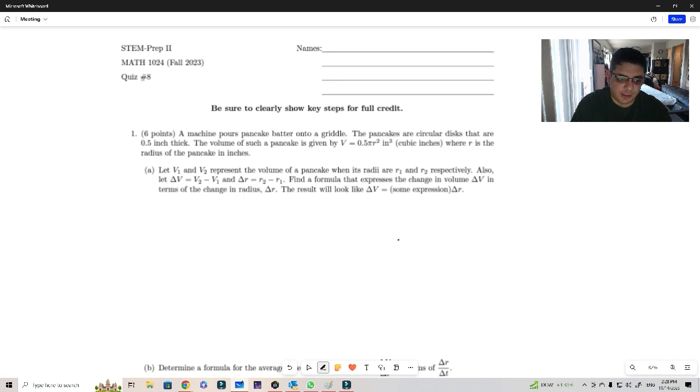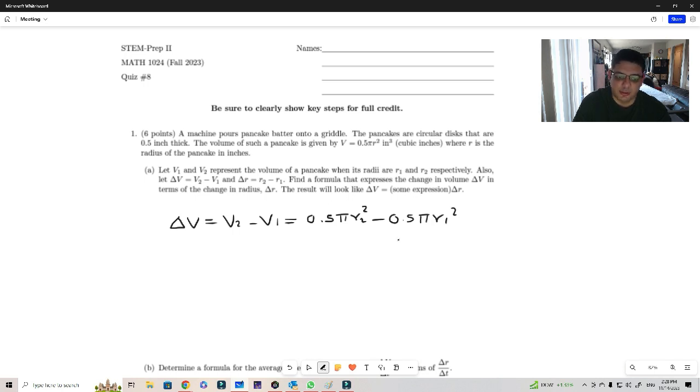So first thing is, let's establish delta V. Delta V is V2 minus V1, but we can actually compute what V2 and V1 are in each of these cases. V2 is 0.5 pi R2 squared, and V1 is 0.5 pi R1 squared.